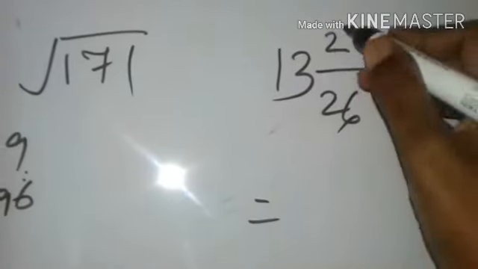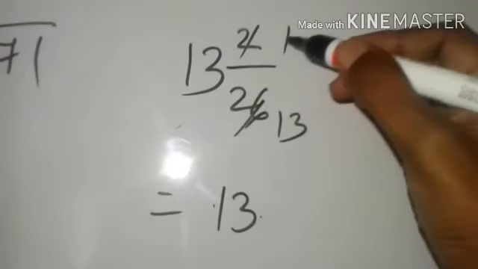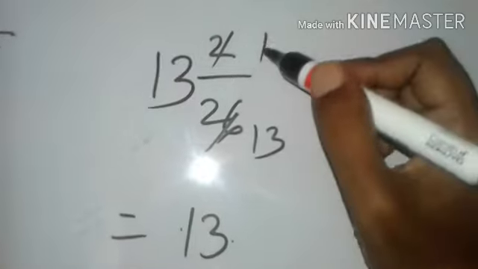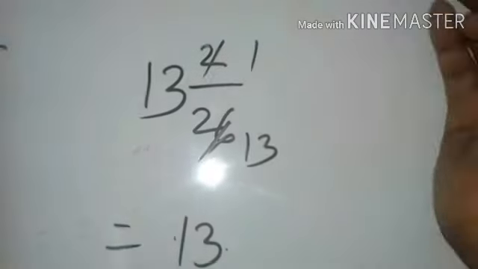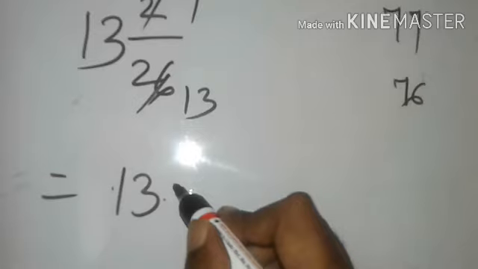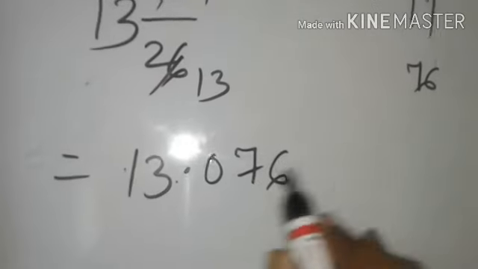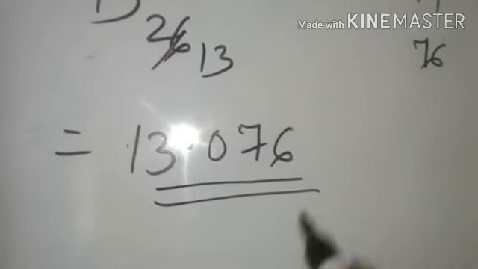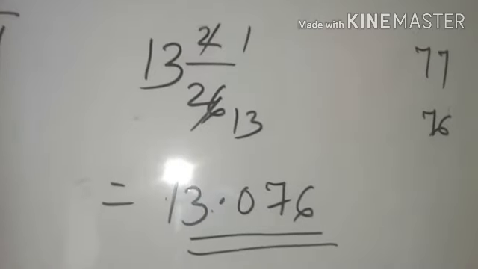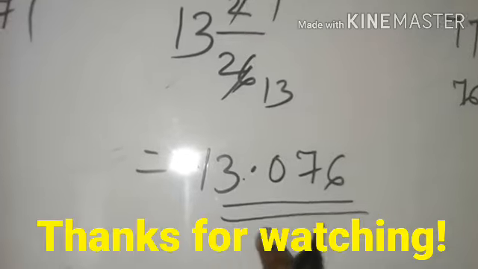This can be simplified as 1 by 13, and you know how to divide a number by 13. I've taught you in my previous video how to do this. 1 into 7 is 7, 7 into 11 is 77, 1 less is 76, so it should be 13.076. We are estimating the answer to 2 or 3 decimal places, so it should be 13.076. Check the answer in your calculator, and I think it should be 13.076.